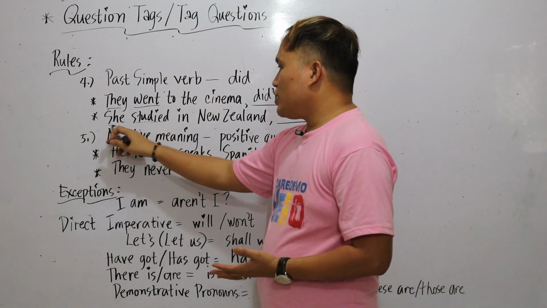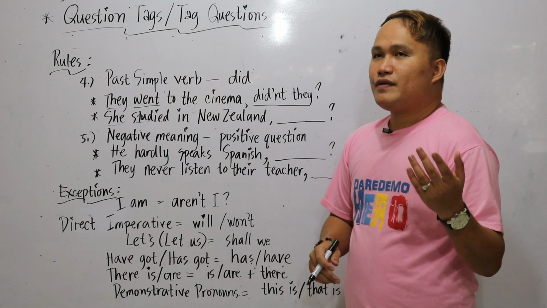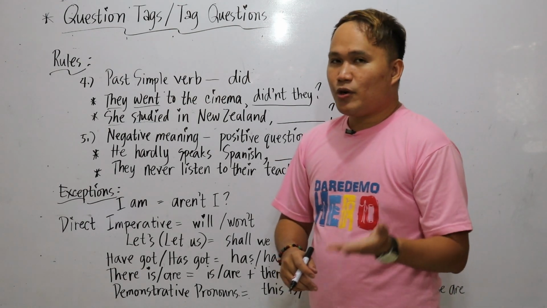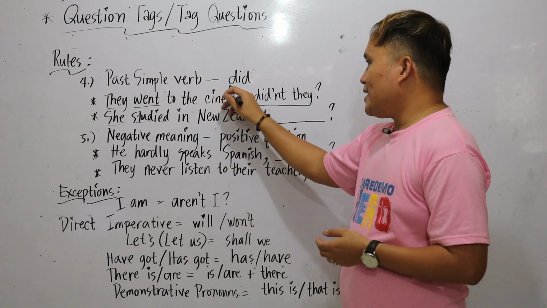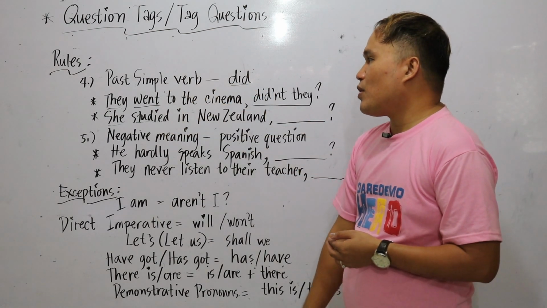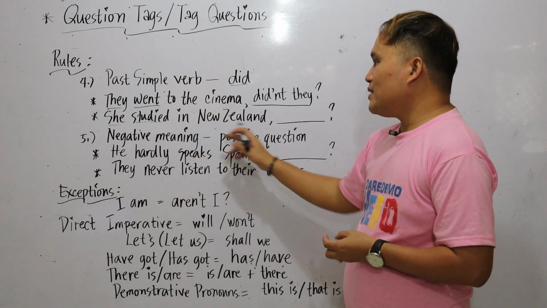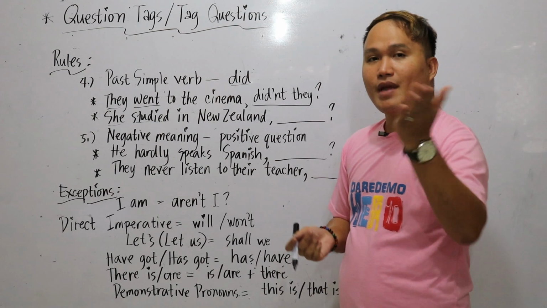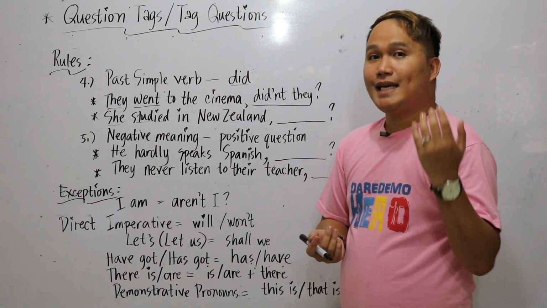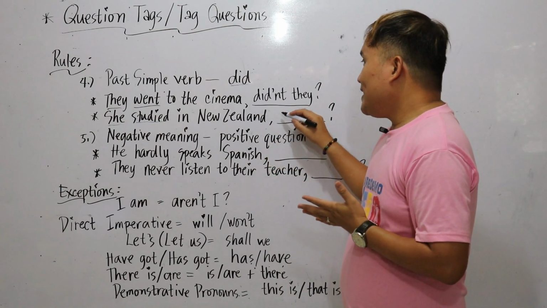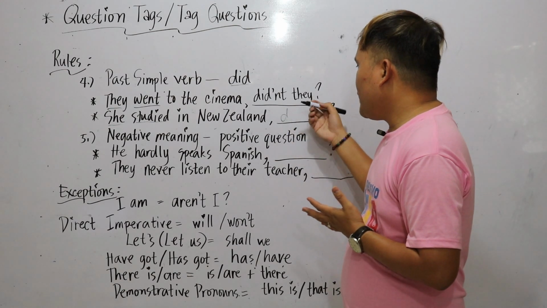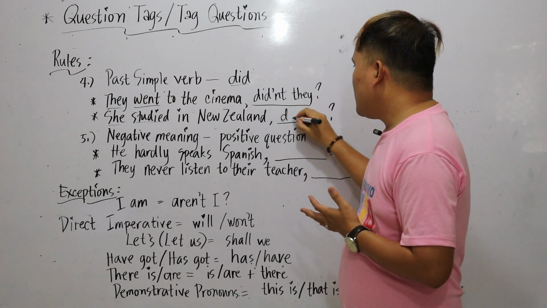We have our subject she. Again, regardless of whether the subject is singular or plural, we should always use did if it's the past simple form of the verb. So, she studied in New Zealand. What should be our tag question? Anyone? Didn't. Very good.